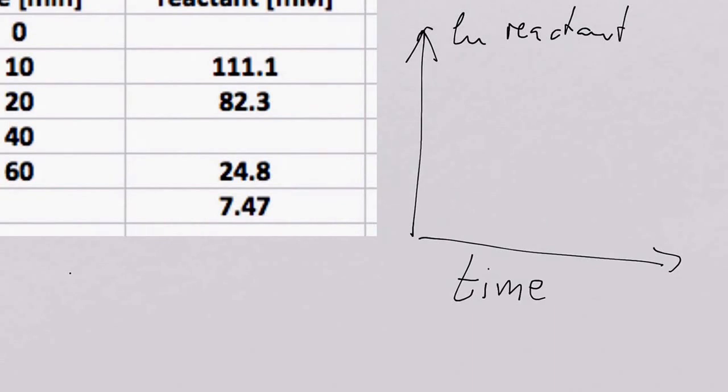On the y-axis? No unit. Excellent. ln doesn't have a unit. Never put a unit in, because otherwise my pen will weep red tears. Time, obviously, we put in minutes.